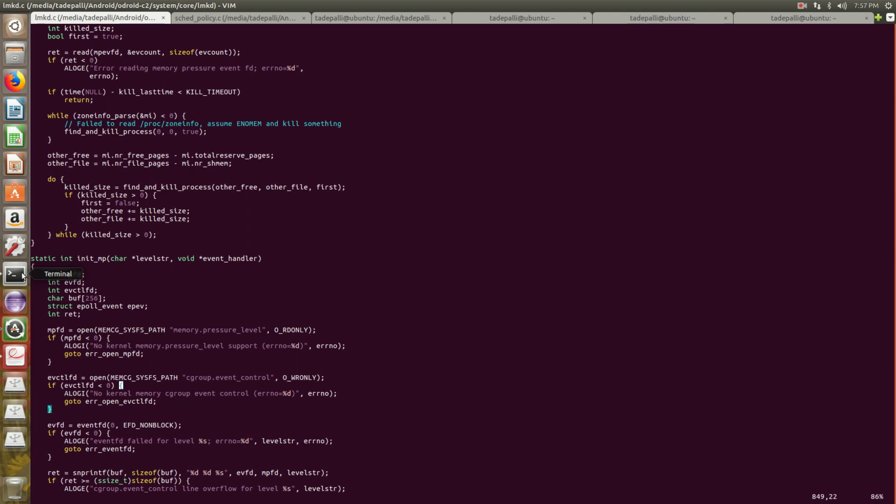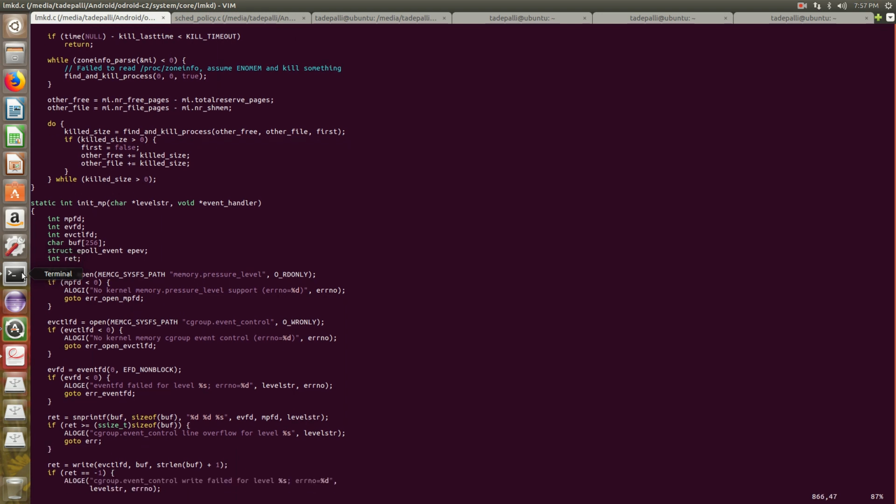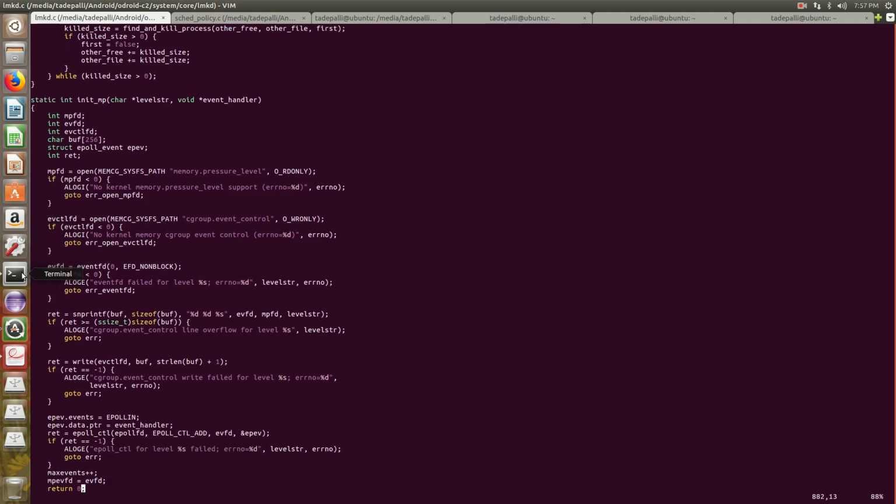You can see that here we are writing the eventfd file descriptor, the file descriptor corresponding to the memory pressure level, and the level string which corresponds to medium. This is what is written to the event control FD. What is also being done is that the file descriptor of the eventfd is added here.